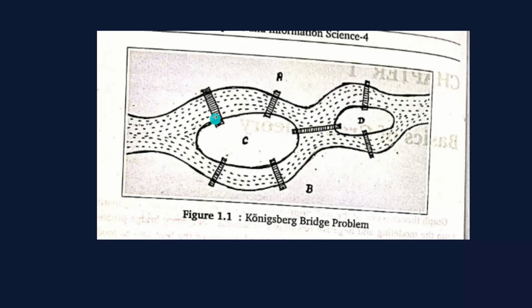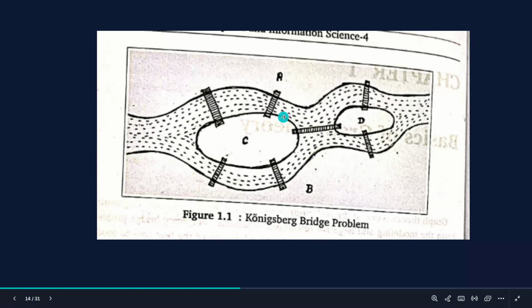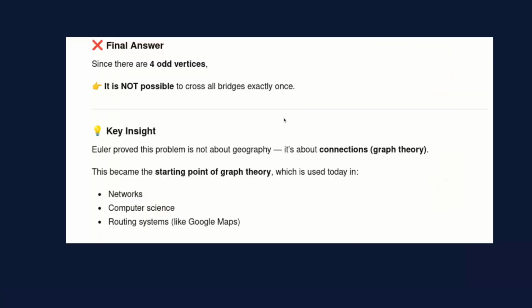Okay, then I'm going like this. Now I can't go anywhere, I can't go to bridge B. So maybe I will go like this, like this, but still this bridge is not covered yet. However you try, you are not able to cross all these bridges exactly once. That scenario would not be possible.